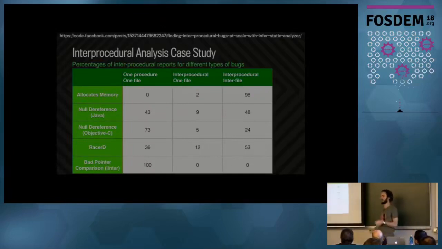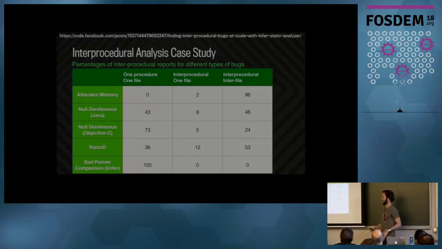One is bugs that you can find just by looking at one procedure in one file. The second bucket is bugs you can find by looking at all the procedures, but only in one file. And the third category is bugs that involve multiple procedures that span multiple files. What we found is that for some bug types, the majority of the bugs were in the last category. So it's very important. Being interprocedural and interfile gives the best signal to developers.